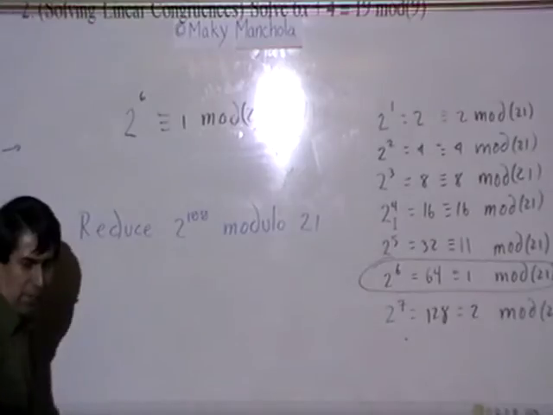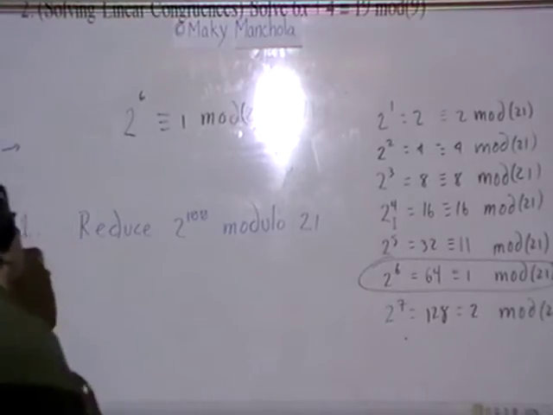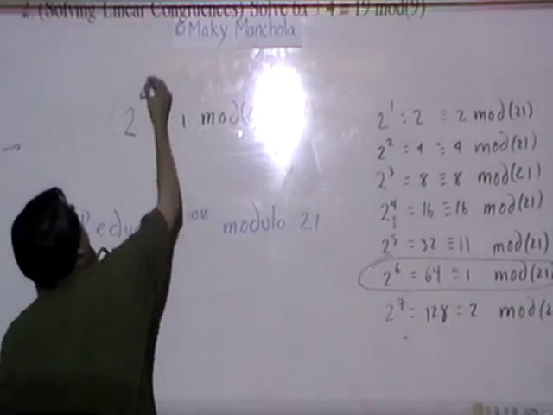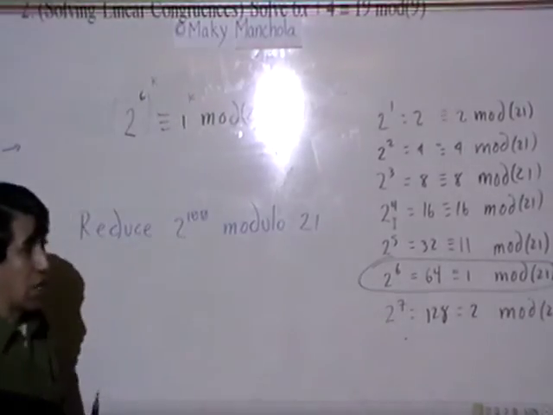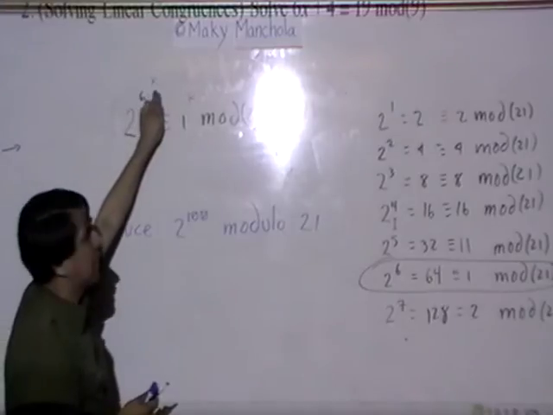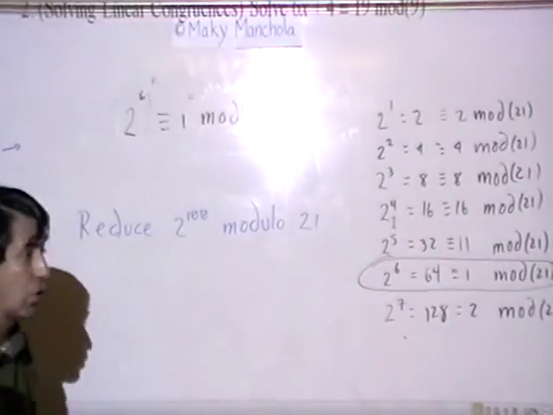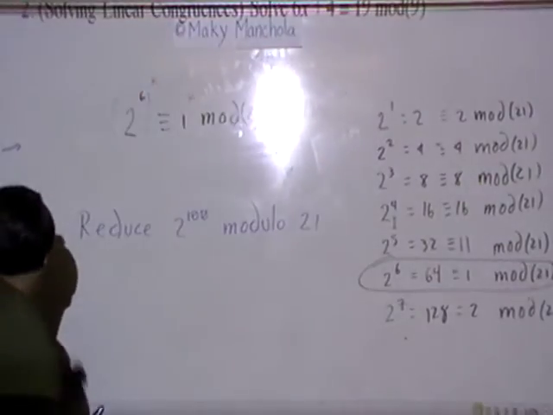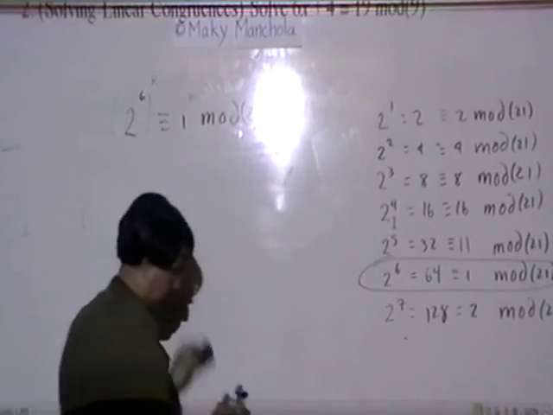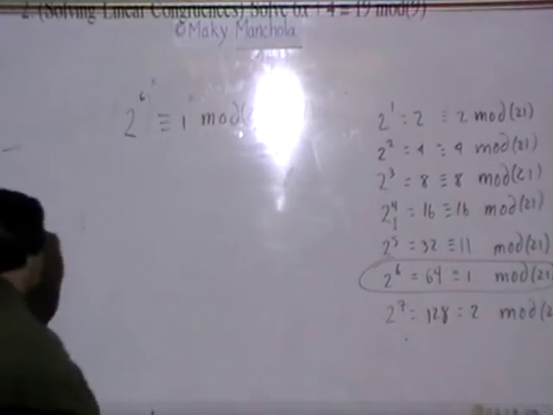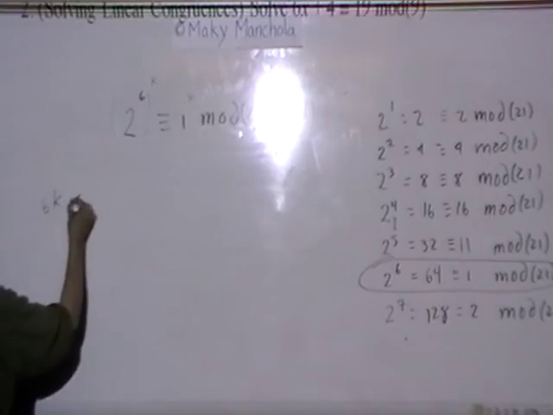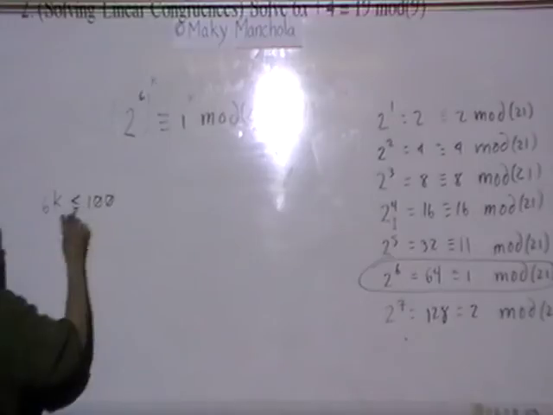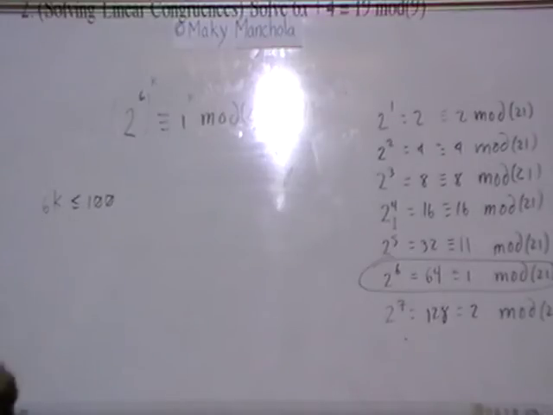Let's do the following. Let's raise both sides of this congruence to a power k such that 6k is as close as possible to 100. So you want 6k to be less than or equal to 100, and you want k to be as high as possible, an integer.